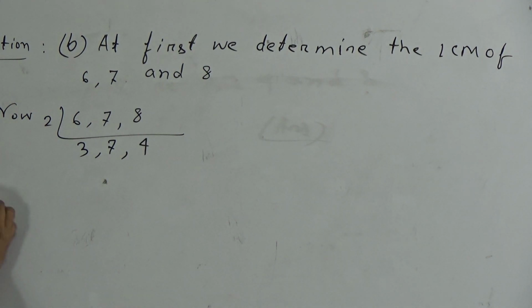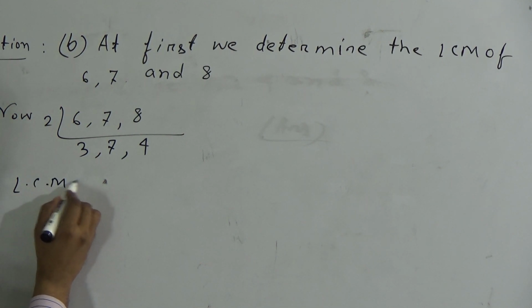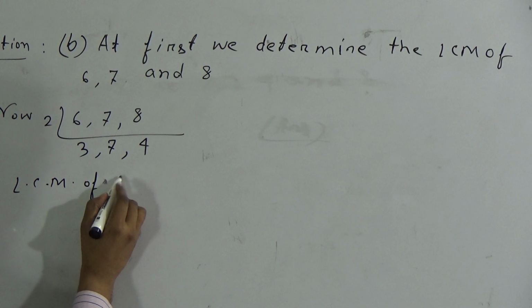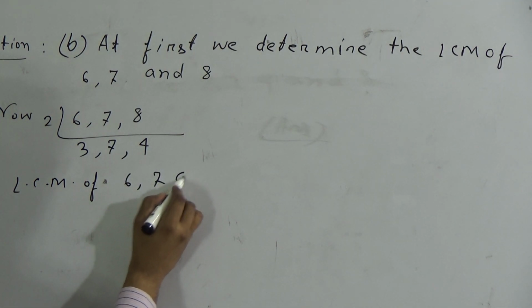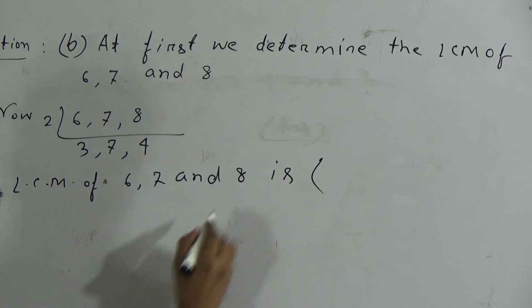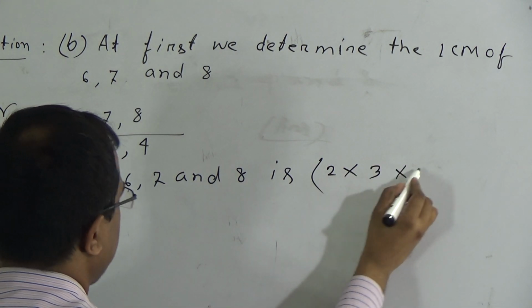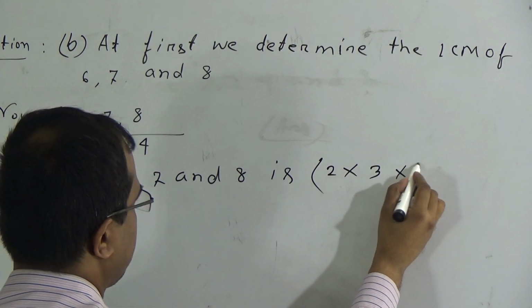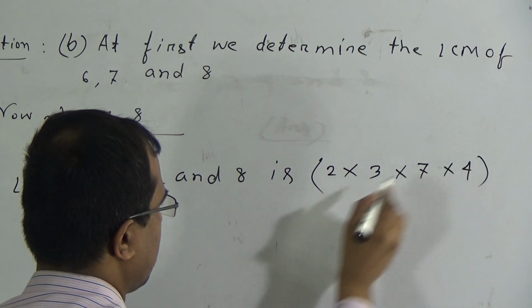Now therefore LCM of 6, 7 and 8 is, it will be 2 multiplication 3 multiplication 7 multiplication 4.